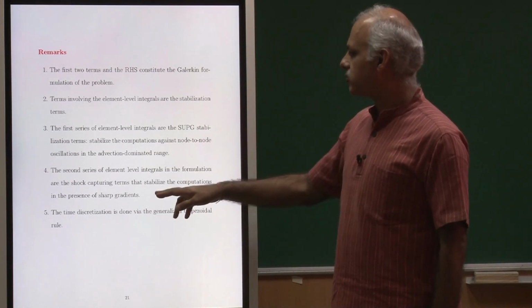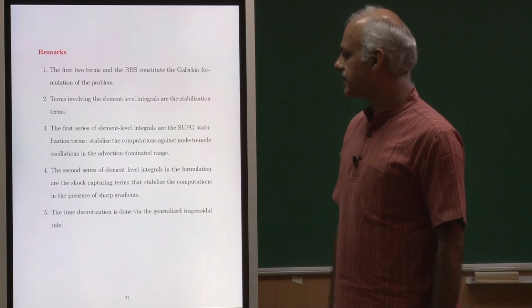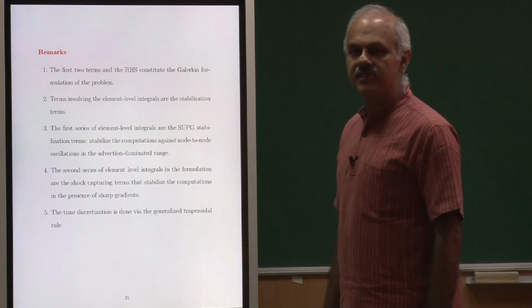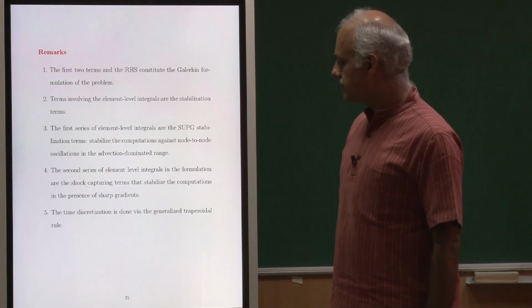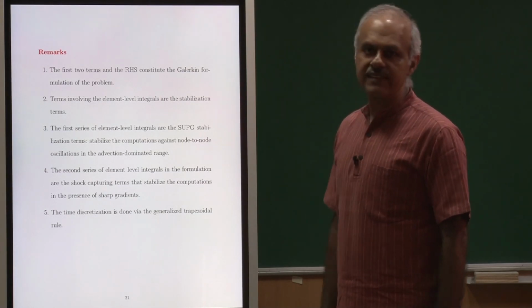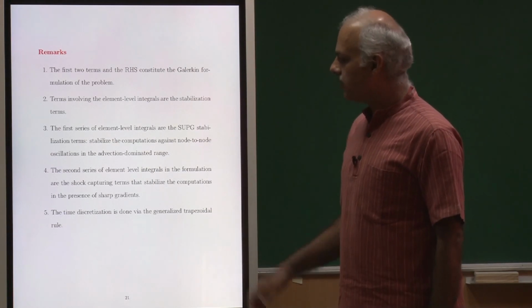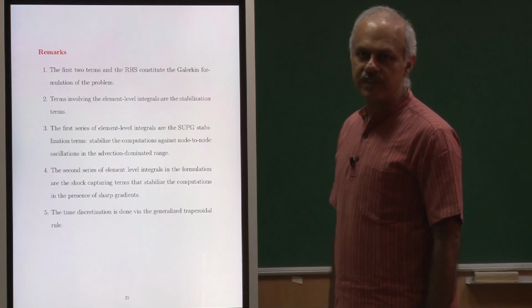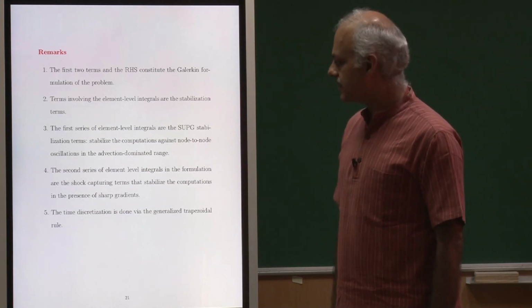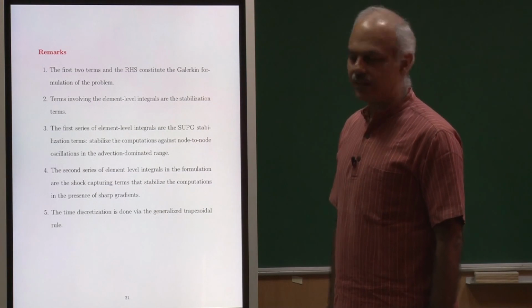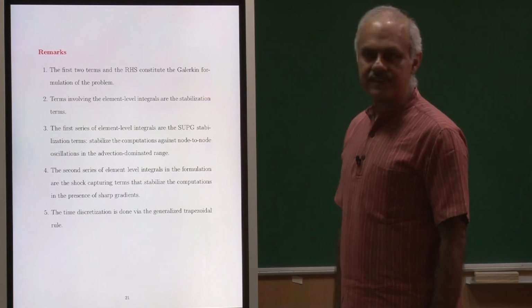And then we had the shock capturing terms, the blue ones, which would help stabilize against sharp gradients. The time discretization we can do in fact using the generalized trapezoidal rule. So, if we use alpha equal to half, we are going to get time accurate results, but if you want to go to steady states, then we can use alpha equal to 1 and take reasonably large time steps.